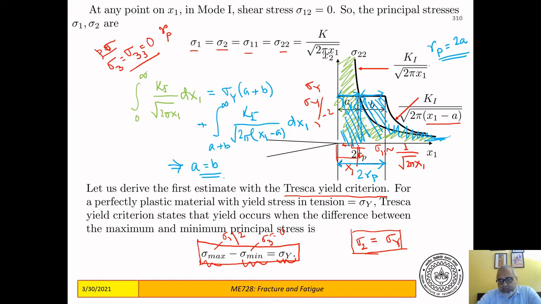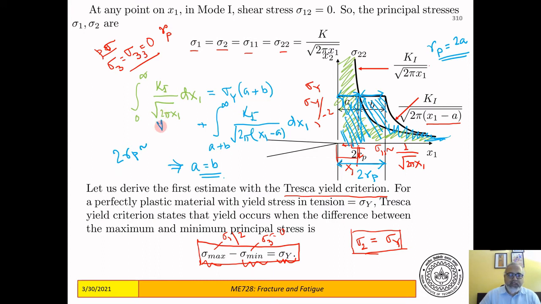Two quick points. The first one is that we are only finding an estimate of the plastic zone. This is not an accurate calculation, but this is a very clever calculation, let's say. So from the clever calculation, we will find an estimate of the plastic zone. So we will basically know what 2RP is like, what it varies with.